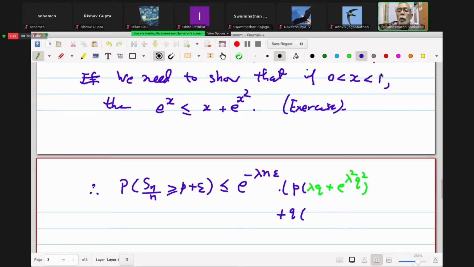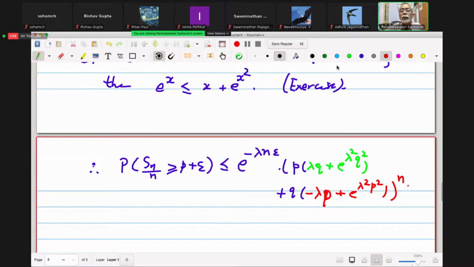Now this times e power minus lambda q, lambda p plus e power lambda square p square, and then whole power n. Okay, that whole power n is already there, so I didn't need to use anything. So this is already there.